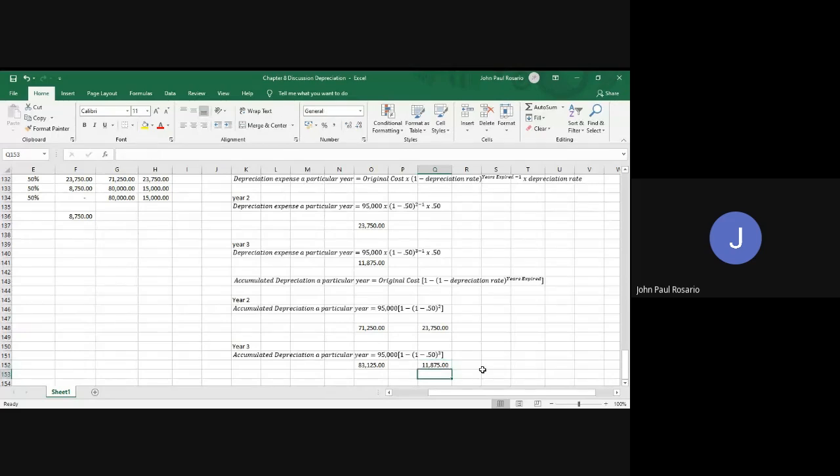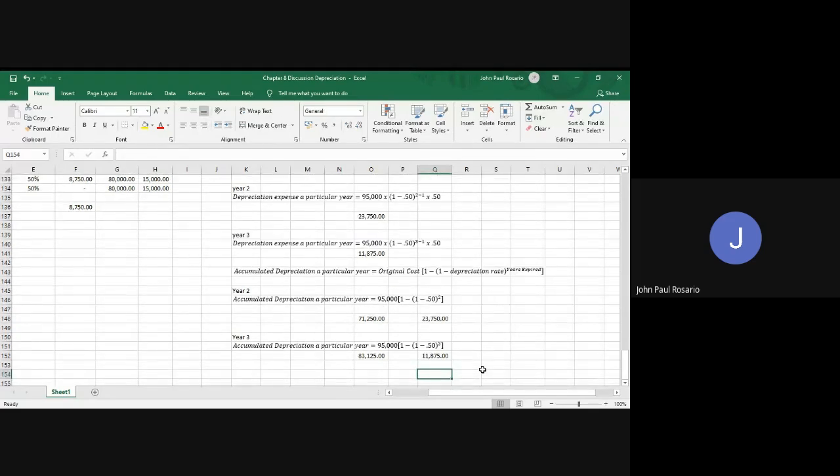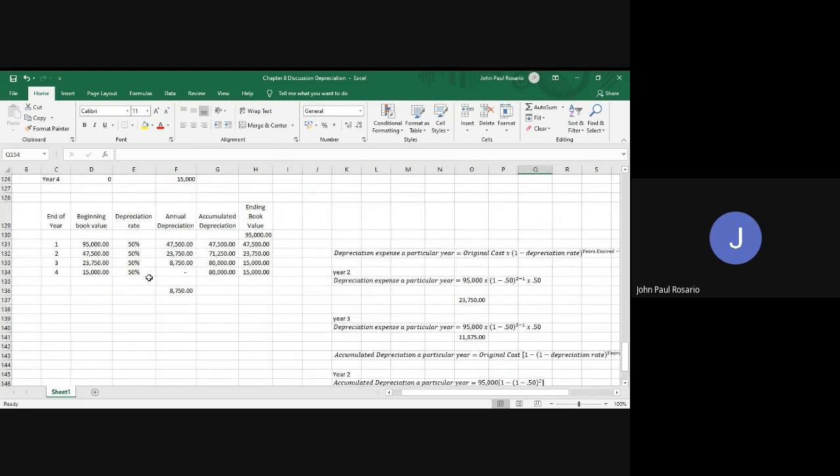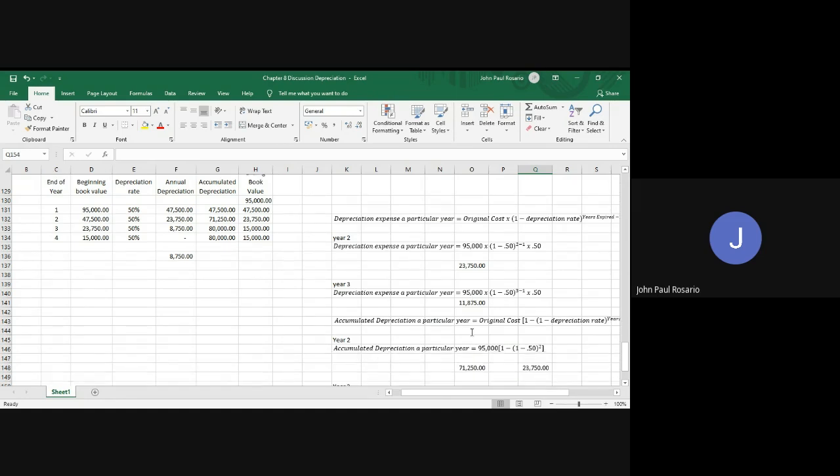With that, it should not be, because your accumulated depreciation should be equal to your total depreciable amount. Even if it's not considered here, because we're not using our salvage value, always remember that whatever depreciation method you use, your salvage value should be considered when it comes to your carrying amount or your book value.